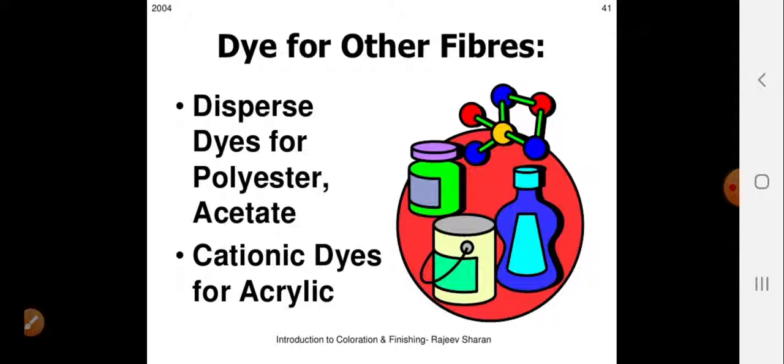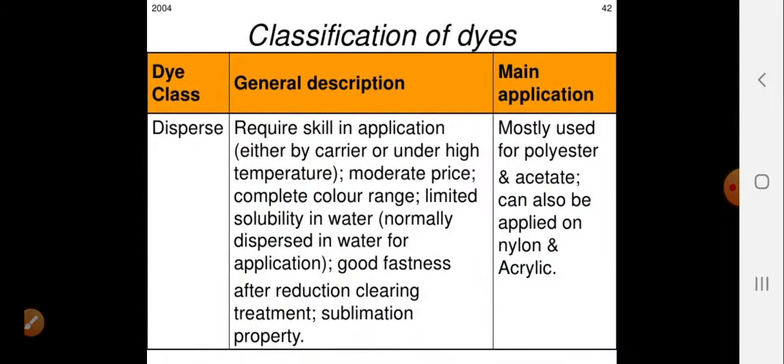Other fiber dyes are basic dyes and disperse dyes that we will see. So disperse dye requires skill in application, so it is not easily applicable.